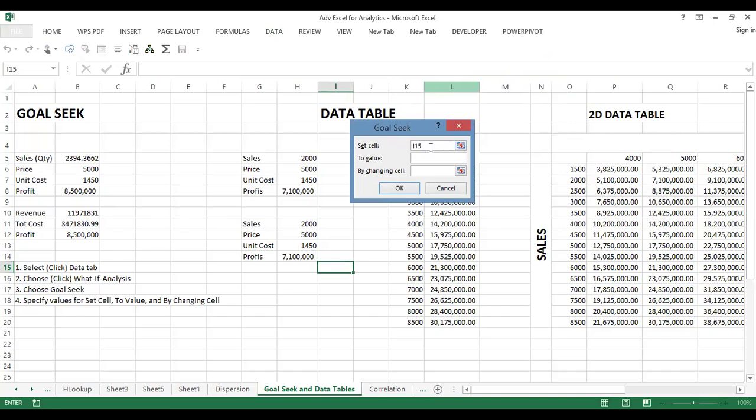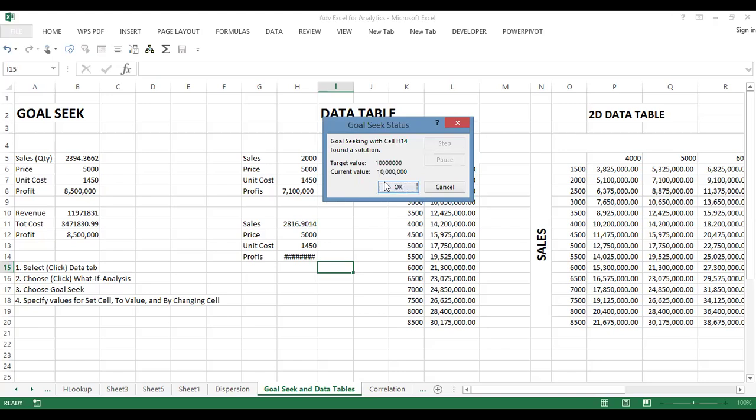What cell do you want to set? Set to a specific value. We are setting this cell, so I click that cell. To what value? What value did I say? 10 million. By changing what? The sales. Changing sales. Thank you.